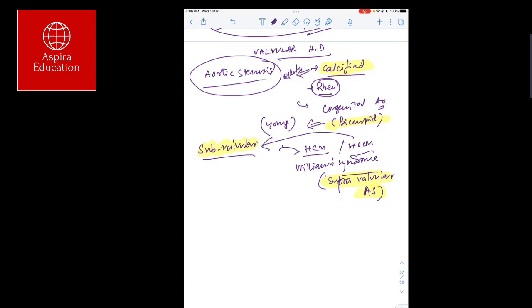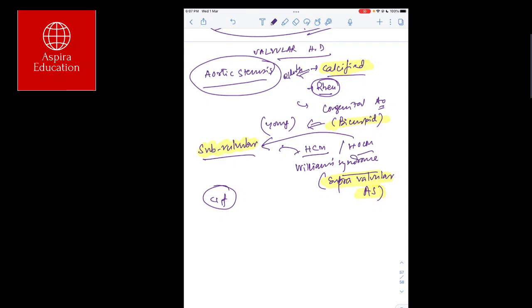The third important thing: what are the clinical features of aortic stenosis? You have to be very confident to differentiate it from the severe variety of aortic stenosis. Certain symptoms are only present when there is severe aortic stenosis.